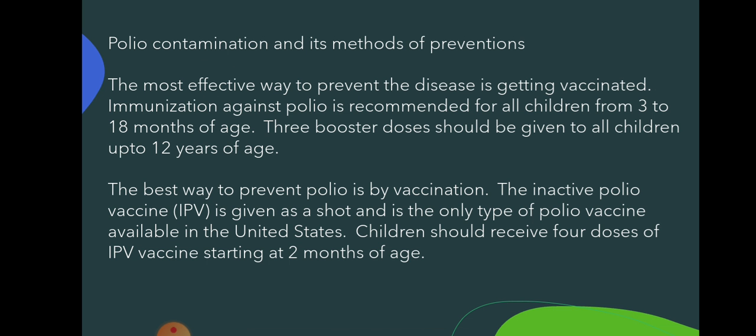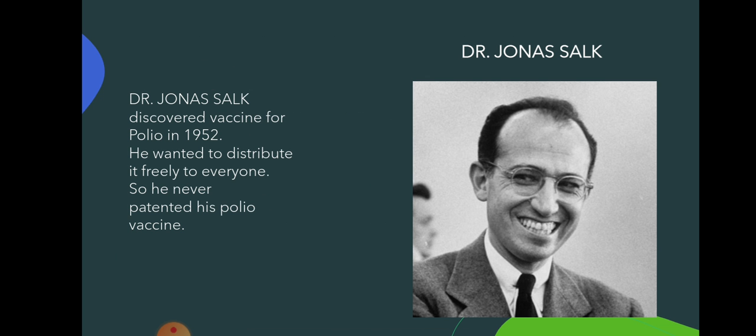Nowadays, vaccines are made on a large scale from microorganisms to protect humans and other animals from several diseases, isn't it? He is Jonas Salk. He discovered the vaccine for polio in 1952. He wanted to distribute it freely to everyone, so he never patented his polio vaccine. He never took that authority. So, it is shared everywhere. That is the reason everybody is now happy and safe.